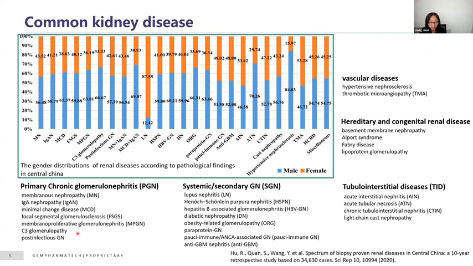Those kidney diseases are all autoimmune kidney diseases. And in the secondary group, like lupus nephritis, HSPN, ANCA-associated nephritis, and also anti-GBM nephritis, all these kidney diseases are autoimmune kidney diseases. So autoimmune kidney disease affects lots of people.